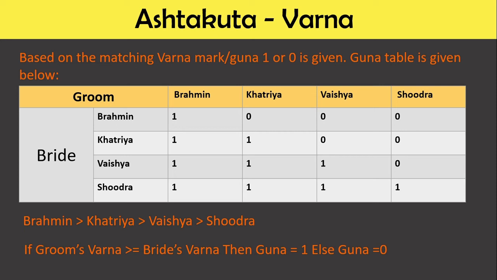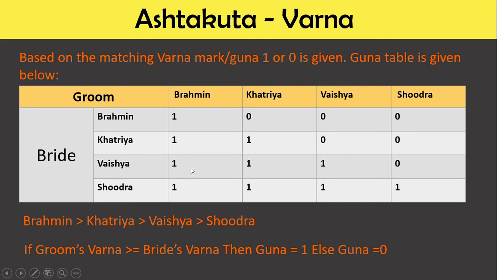Let's say the groom's varna is Brahmin and the bride's varna is Vaisya. So there will be 1 guna because the groom's varna order is higher than the bride's varna order.